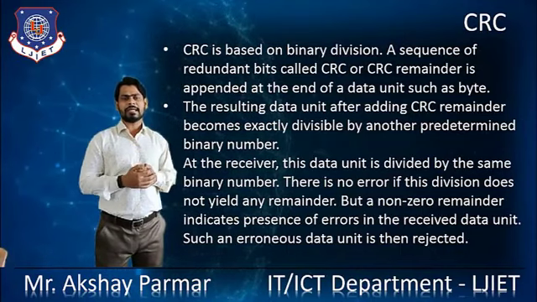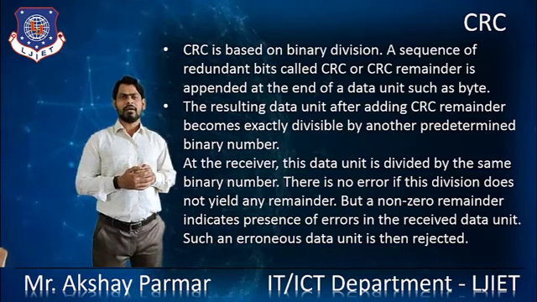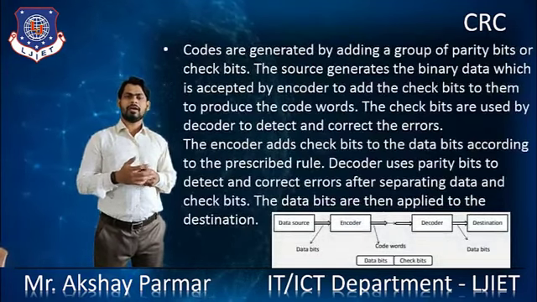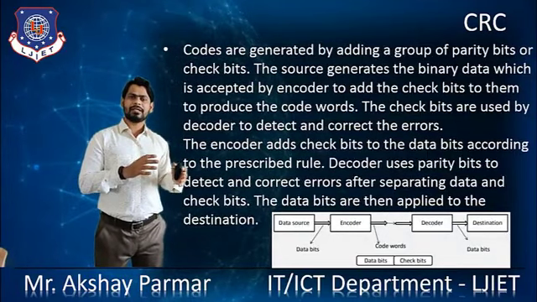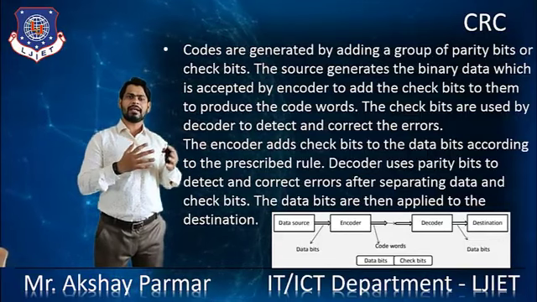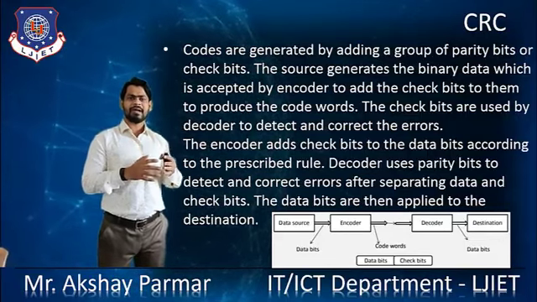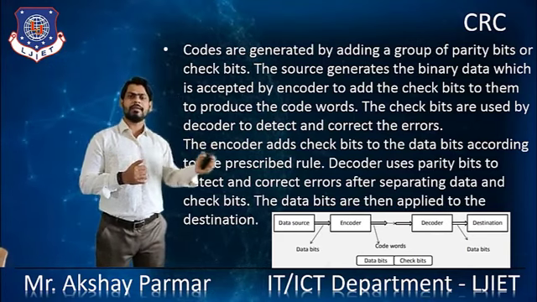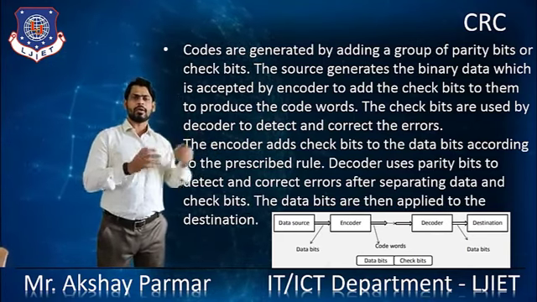So that's how we check whether the data is correct. The codes are generated by adding a group of parity bits or check bits. The source generates the binary data, which is accepted by the encoder to add the check bits and then produce the code word.